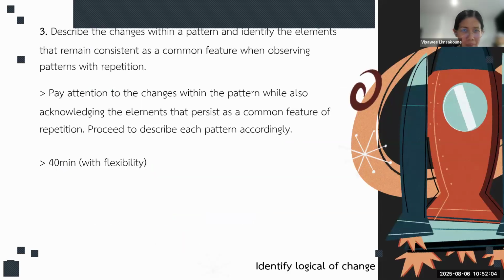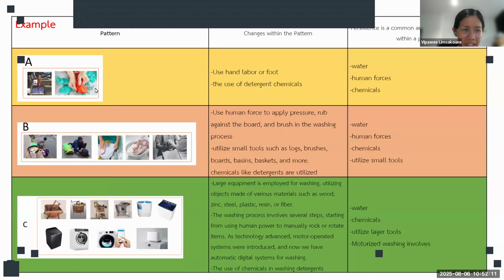After that, this one is using analysis a little bit. Once you get these three patterns, you can explain the change within the pattern. If the column title is change within the pattern, my point is that within the same row, within the same pattern, like pattern A, is there any difference between the two representative pictures?